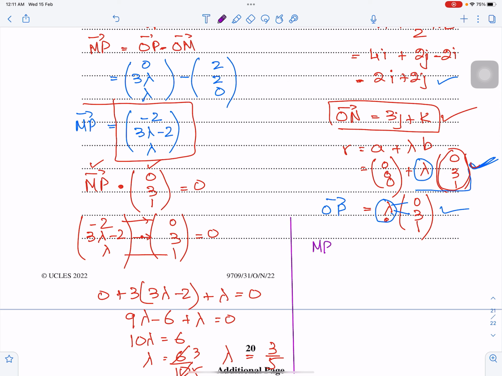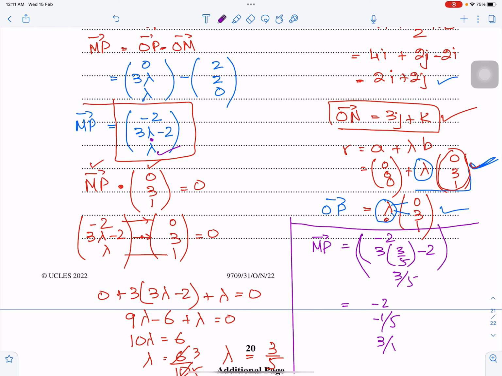So my MP vector is minus 2, 3 times 3 upon 5, minus 2, and then lambda is 3 upon 5. So it will be minus 2, 3 times 3 upon 5 is 9 upon 5, minus 2 is minus 1 upon 5, and 3 upon 5.